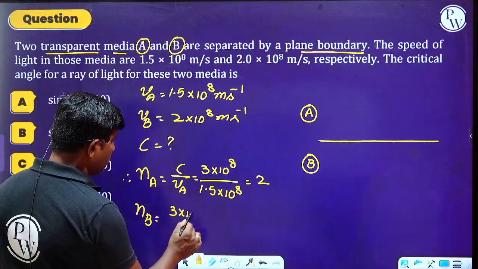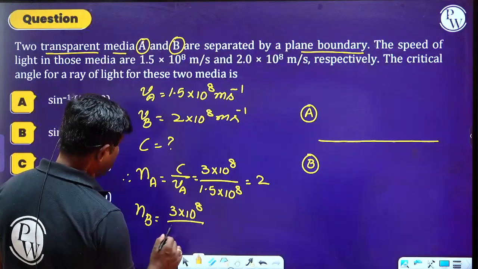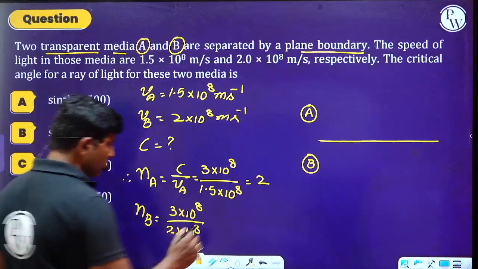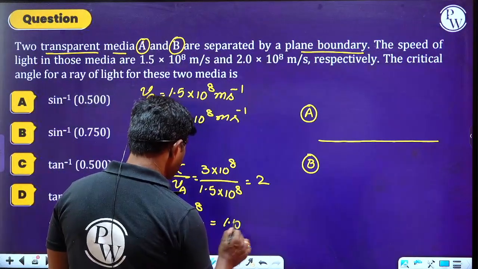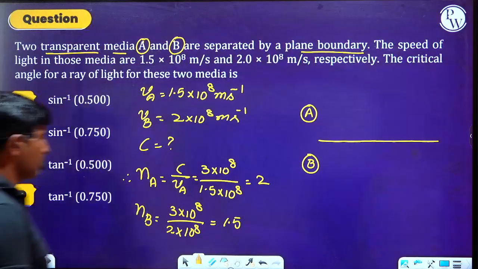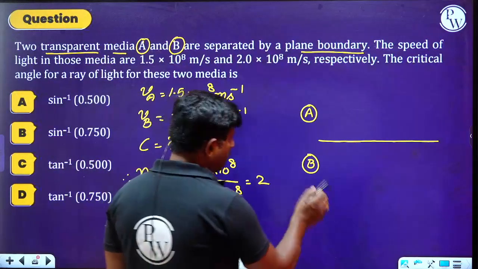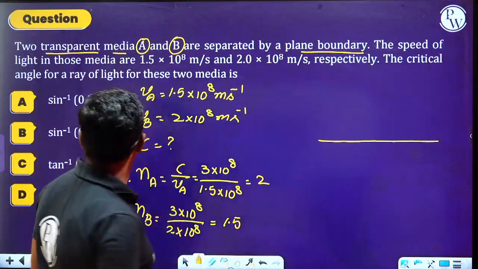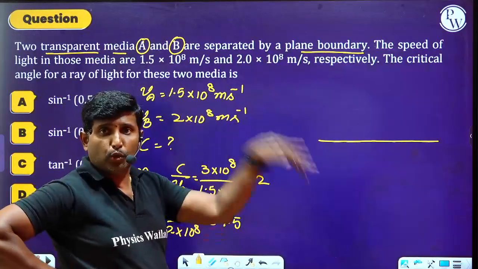So 3 into 10 to the power of 8 divided by 2 into 10 to the power of 8, we will get 1.5. Okay. So therefore, better you change the order of the media here. So we can say that the light goes from A to B.